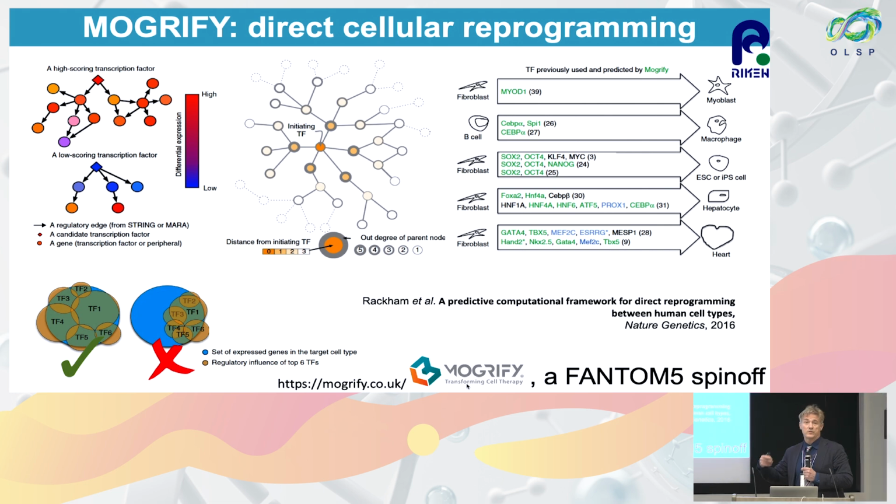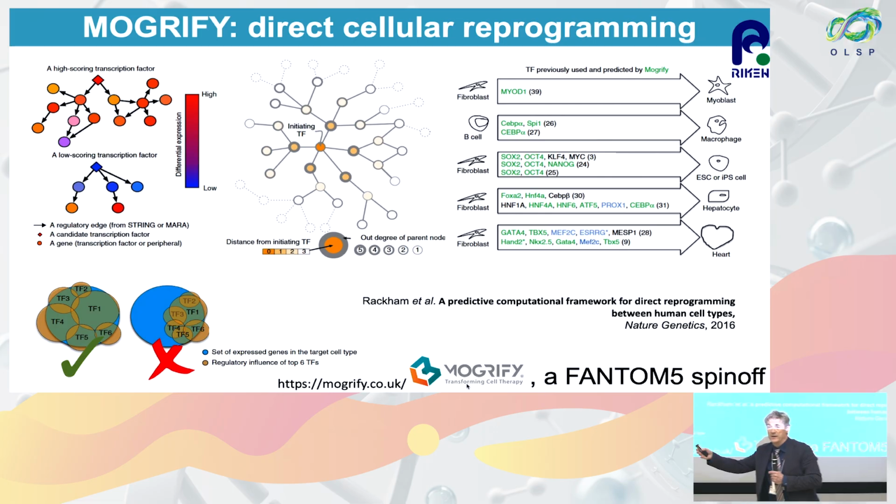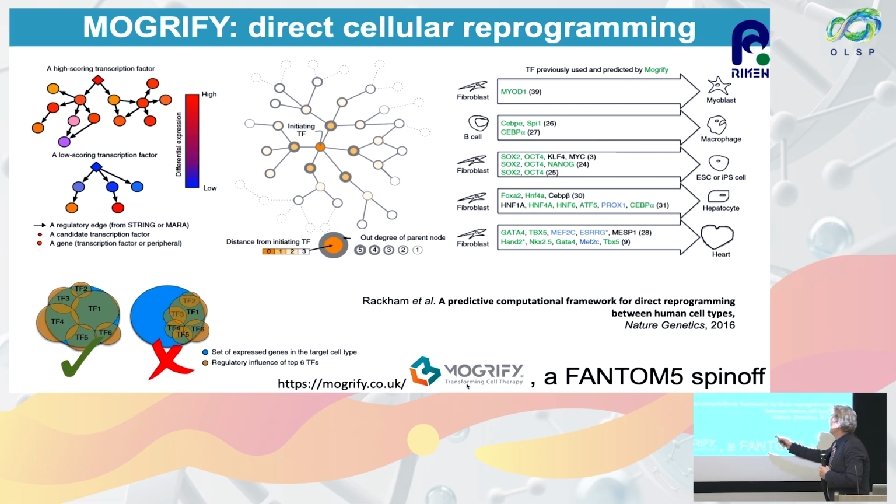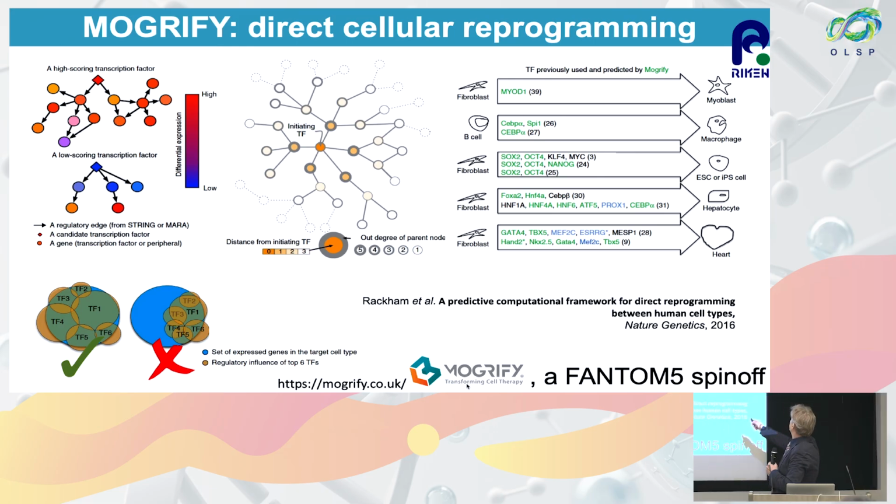The company's mission is to use this information, originally from FANTOM 4 and FANTOM 5, on transcription factor binding sites, to find which transcription factors are important to convert any cells into any different therapeutic cells without doing iPS cells. So you could convert a fibroblast directly into a myoblast, and B cells into macrophages, etc. And this method gives you the set of transcription factors that you should use for cell conversion.